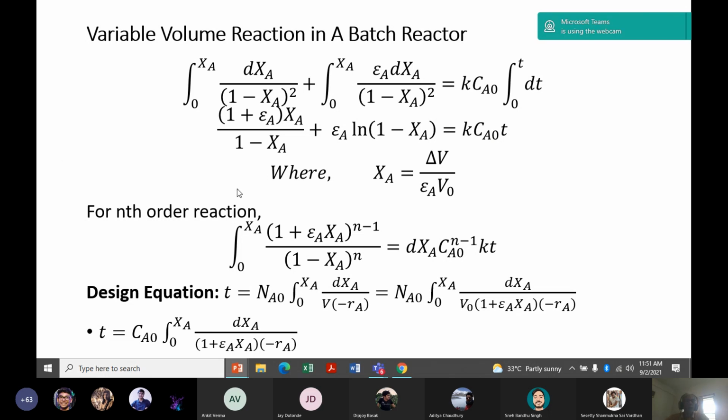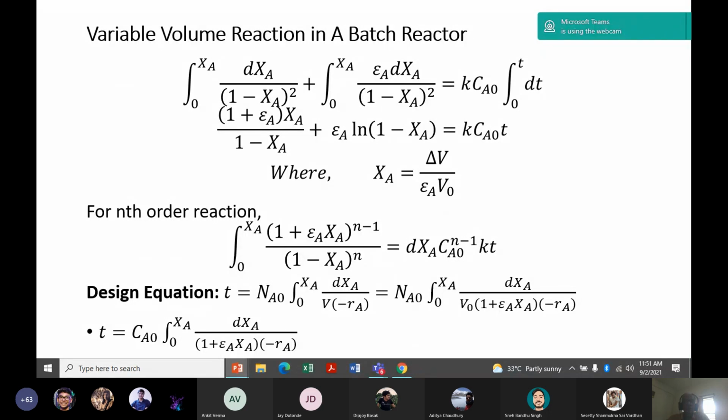You can go for nth order similarly. One volume term will be there on the left hand side and one term will be less on the right hand side. That's why n minus 1 plus epsilon Xa will be there in the numerator.